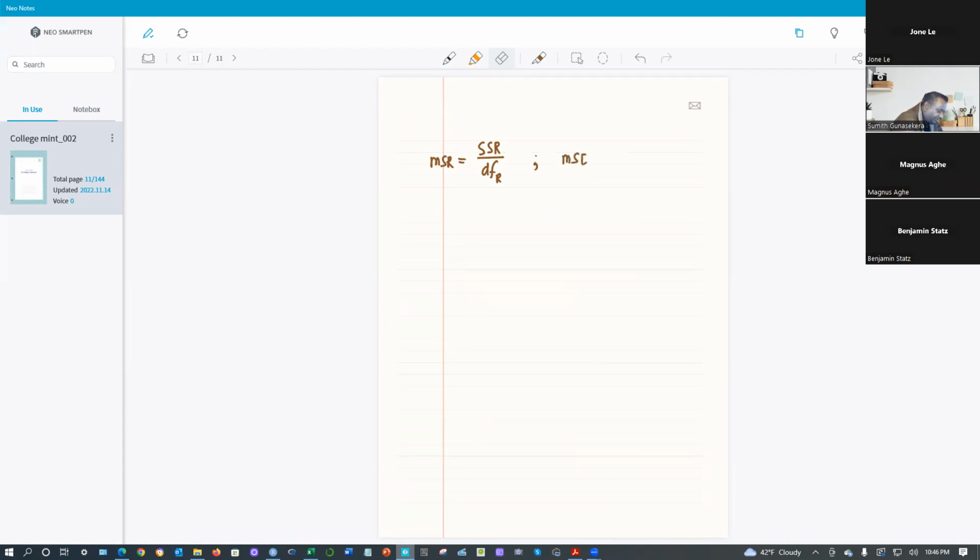So F is nothing but mean squared regression divided by mean squared error. The same as sum squared regression divided by degrees of freedom regression, divided by sum squared error divided by degrees of freedom error.